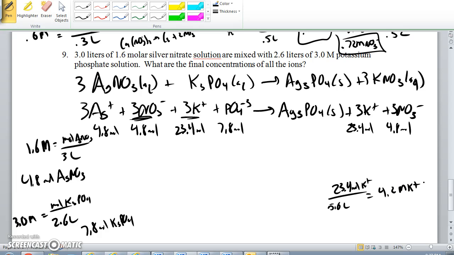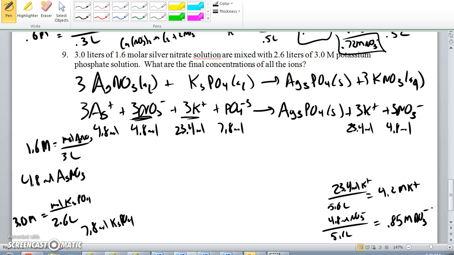We do that now again for the nitrate, so we've got 4.8 moles of nitrate divided by 5.6 liters, and that gives us 0.85 molarity of our nitrates. Okay, so not too hard.